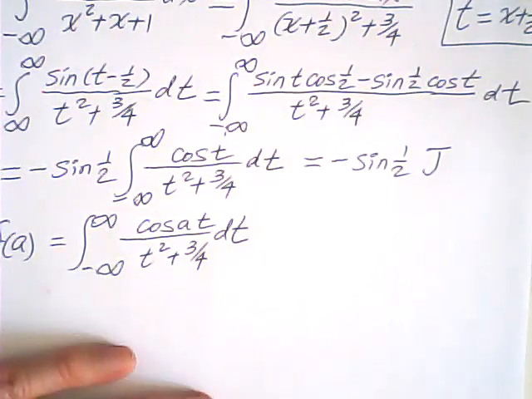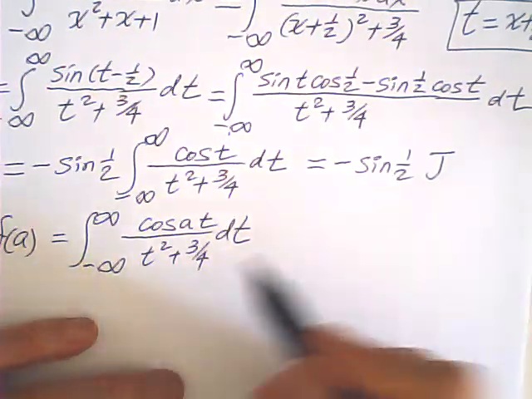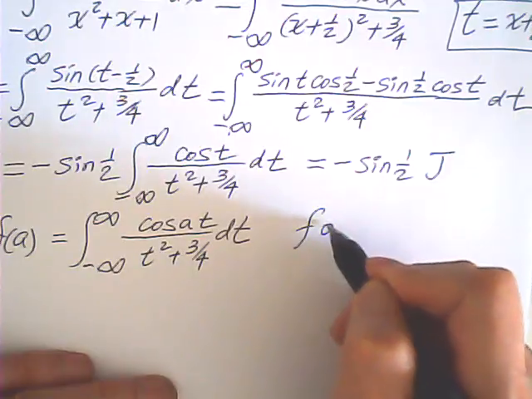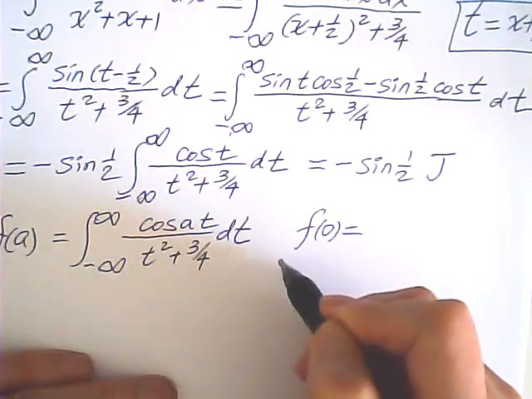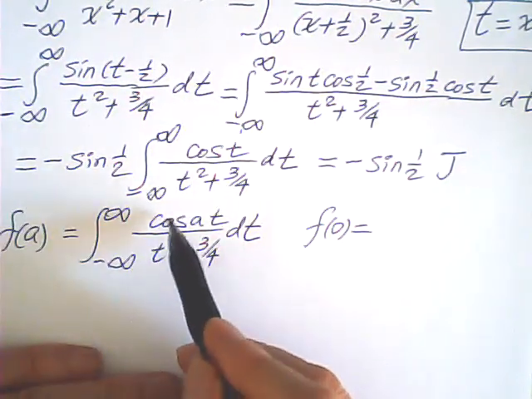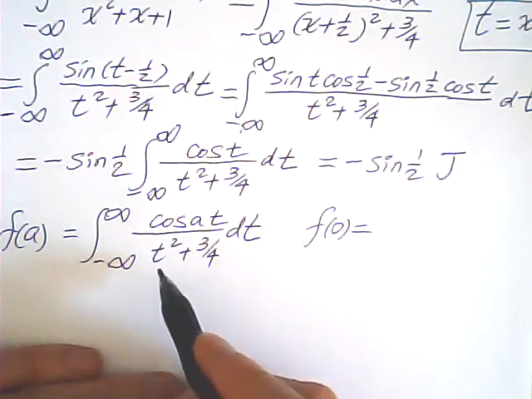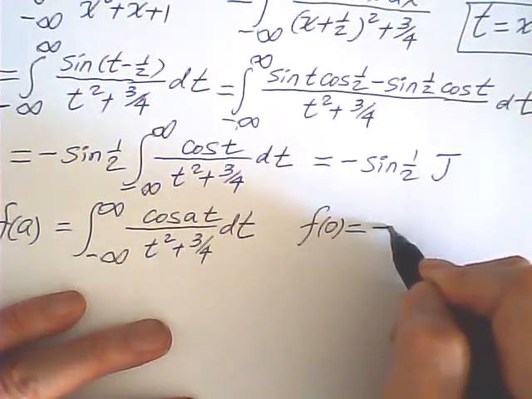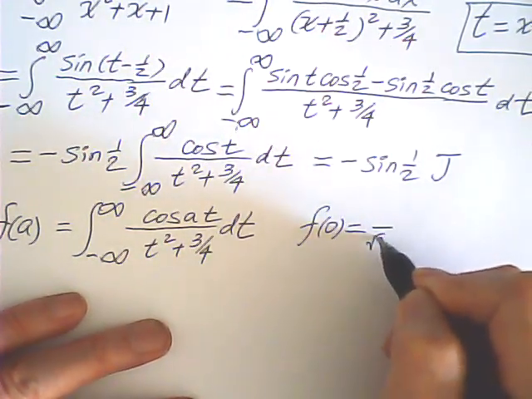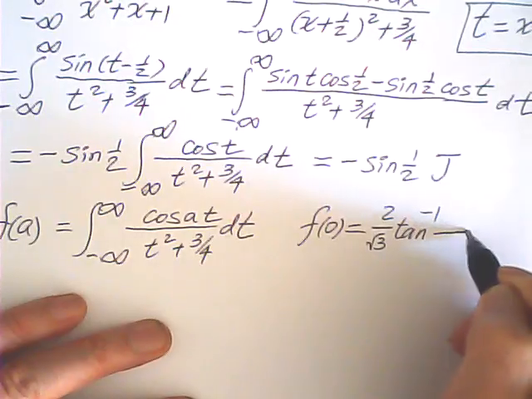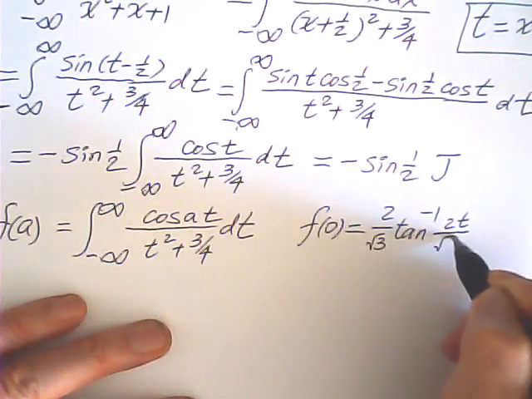So here, my f of 0 is equal to the integral of 1 dt over t squared plus 3/4. That is an easy integral. This is 2 over root 3 arctangent of 2t over root 3.